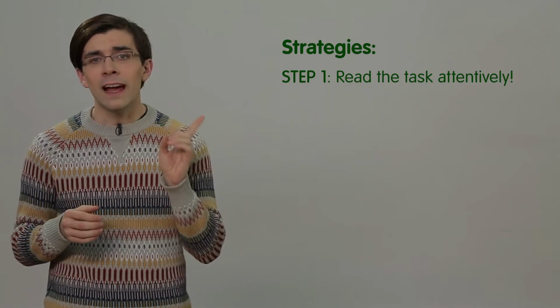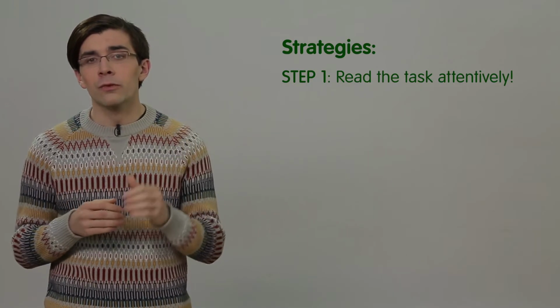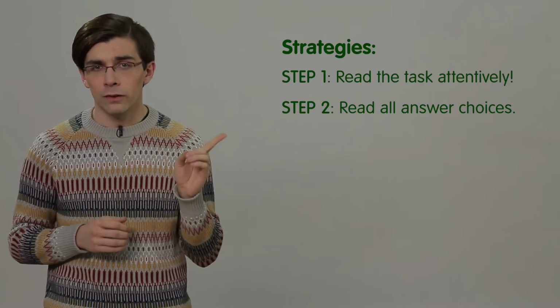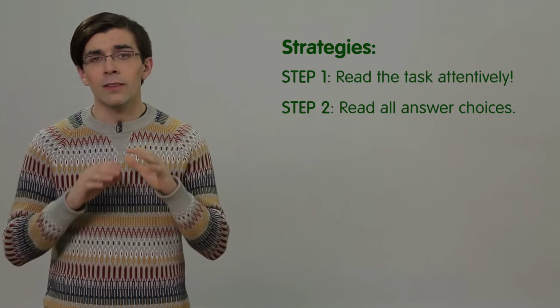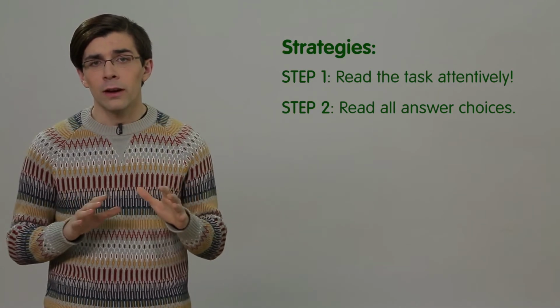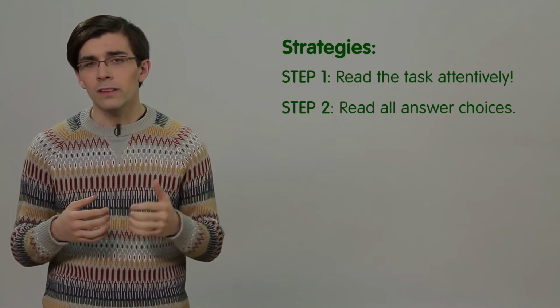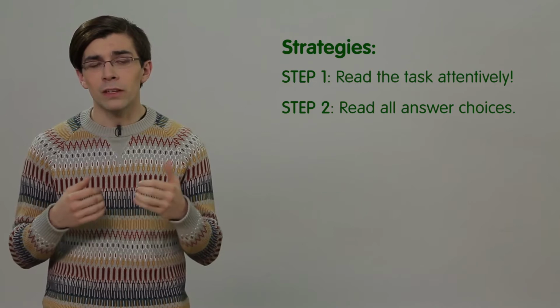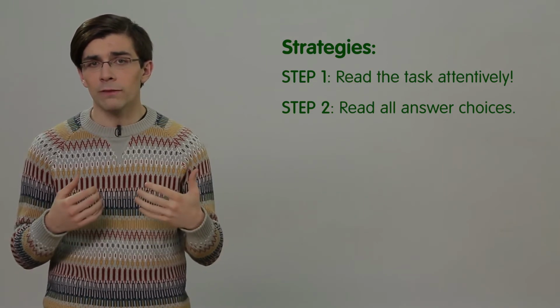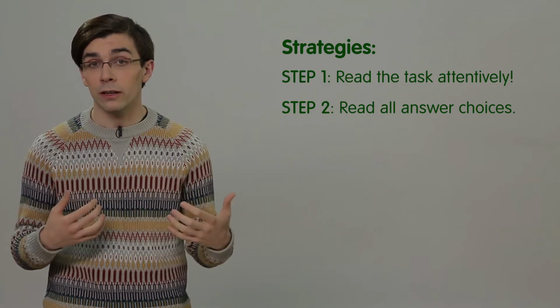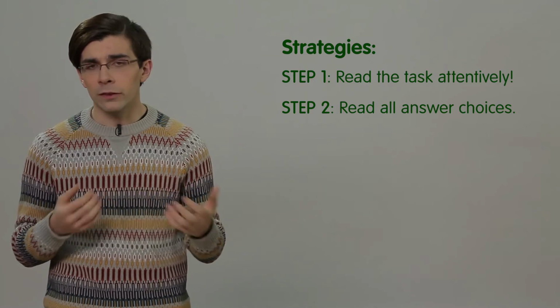Now, the second thing you're going to want to do is read the answers first. The answers here are going to give you an idea of what to look for. They're going to tell you what information you need to know, or what information you may need to consider during the exercise.